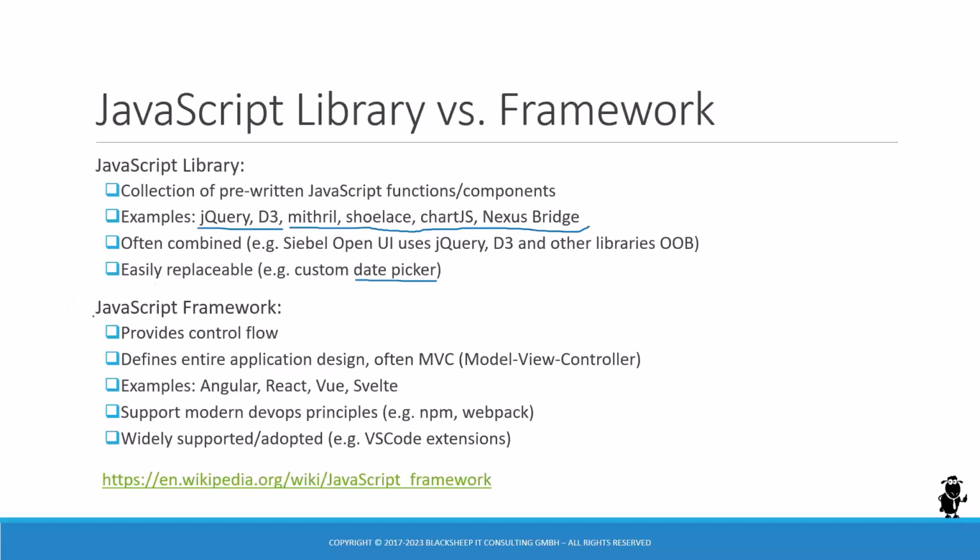It's different with a JavaScript framework where you have all the modern aspects of application design, often based loosely on model view controller principles. So you have control flow, etc., which you can ignore largely with Siebel because Siebel has its own control flow. No, you can drill down, you can go to views. And examples, of course, are Angular, React, Vue, or Svelte, or others. And among other things, they support modern DevOps principles like NPM or Webpack.